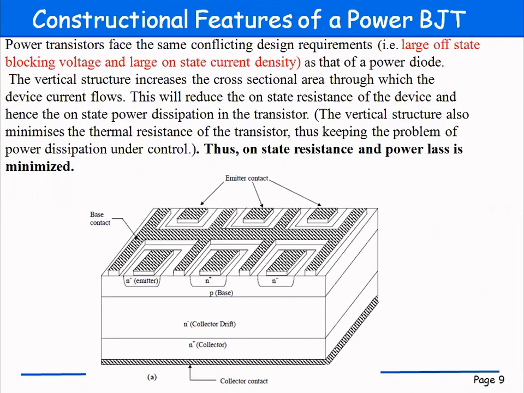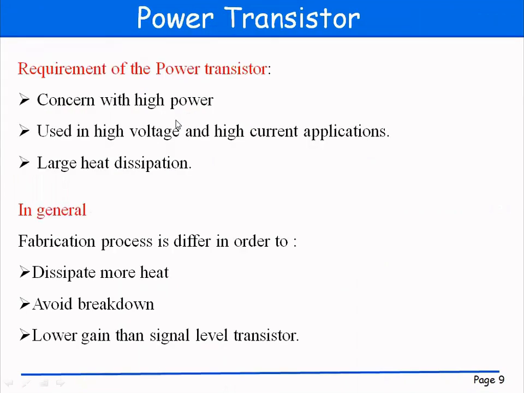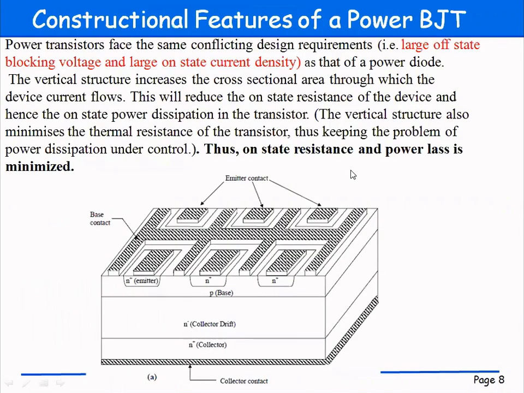So to fulfill the requirements of power transistors, that is to handle high power, use high voltage and high current, and dissipate the high power in the form of heat, it is necessary to adopt a different structure of the power transistor as compared to the ordinary transistor or the small signal transistor.